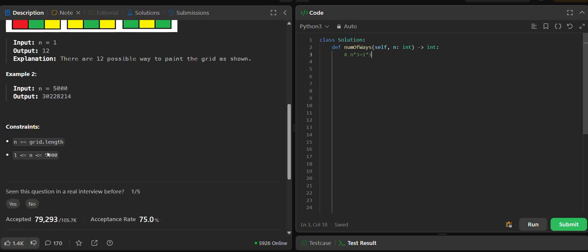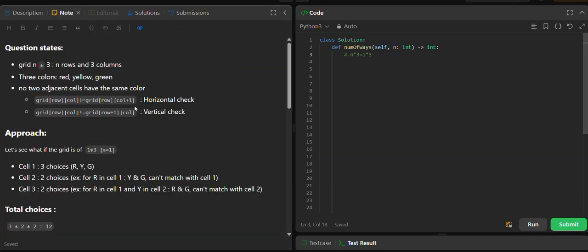And the constraint of the problem is n equal to grid length, and n lies between 1 to 5000. Now let's understand the optimal approach intuition. So basically the question says that we have n rows and 3 columns, we have already discussed it, and no two adjacent cells have the same color. The horizontal adjacent cells represent this and vertical represent this.